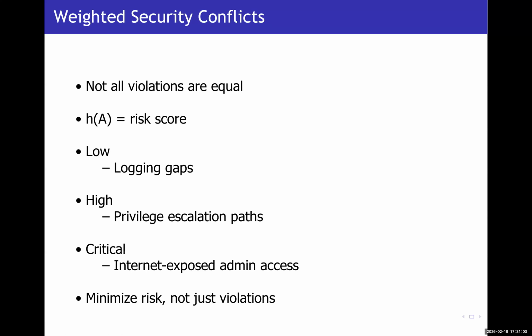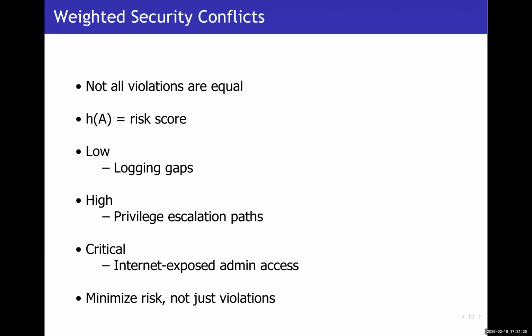And now to apply it to a cybersecurity application. In cybersecurity, not all violations are equal. A minor logging misconfiguration is very different from a privilege escalation path. An exposed administrative interface is more severe than a small compliance gap.